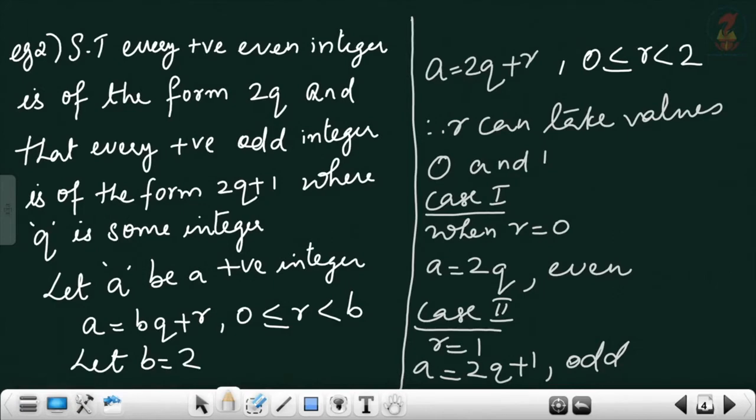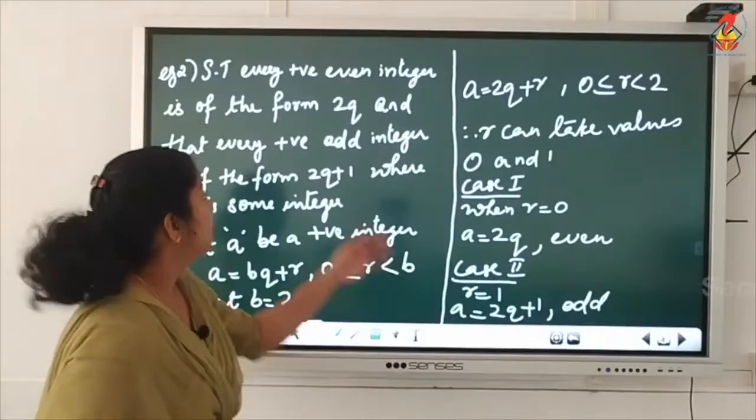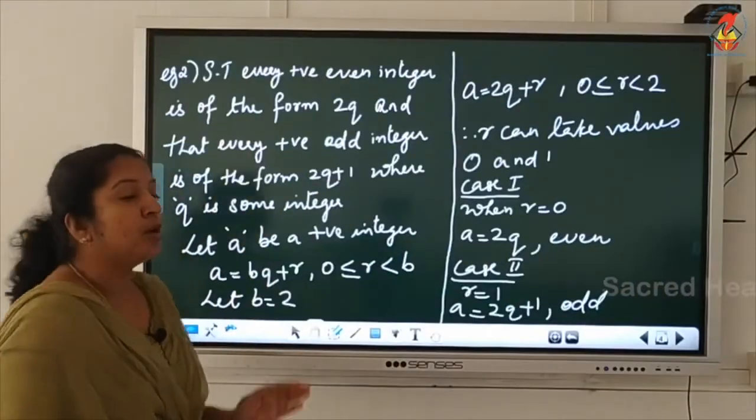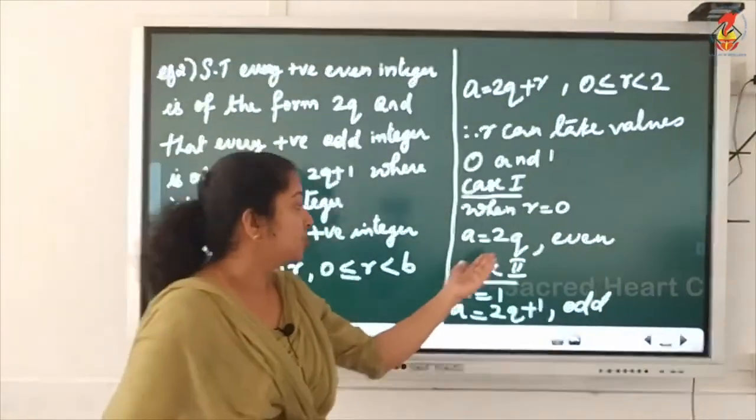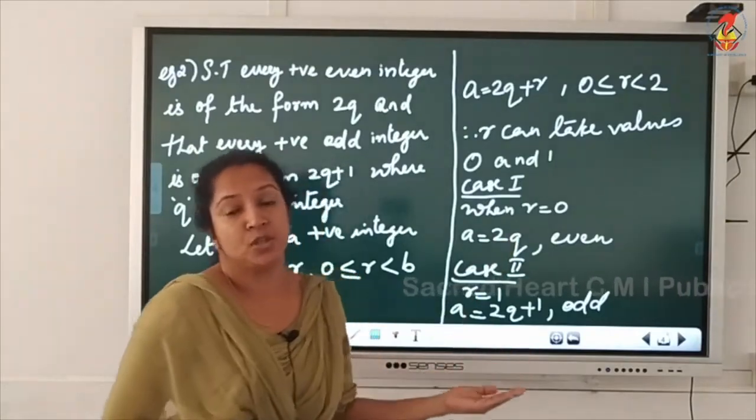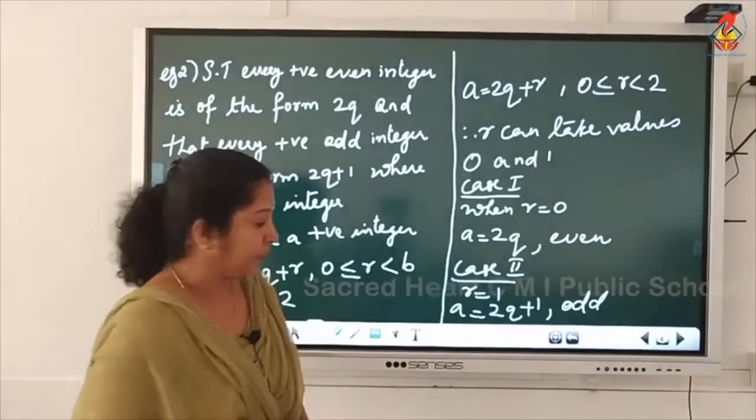Case 1, when r is equal to 0, a is equal to 2q, it is clearly an even number. Case 2, r is equal to 1, a is equal to 2q plus 1, it is odd. So, every positive even integer is of the form 2q and every odd integer is of the form 2q plus 1.